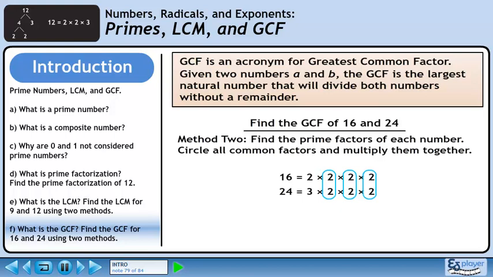Draw rectangles around factors that exist in both rows. Multiply 2, 2, and 2 together to get the GCF. The GCF is 8. This answers part F.